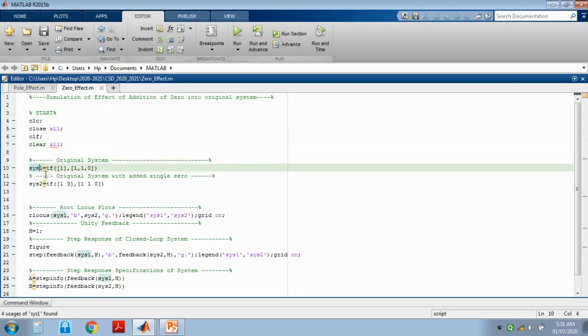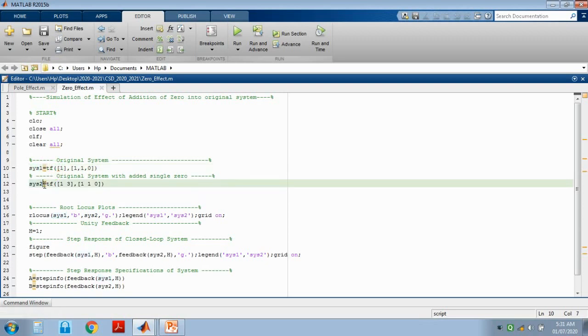After that, I have entered the original system with the transfer function that we discussed, that is k times 1 upon s into s plus 1. Line number 10 is for system 1 equal to the transfer function 1 upon s into s plus 1, inserted in MATLAB as the variable system 1 by using the transfer function command.